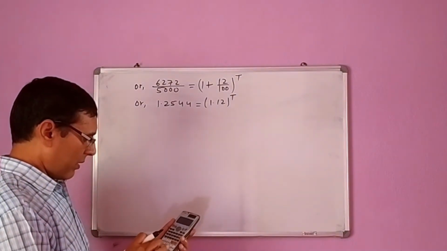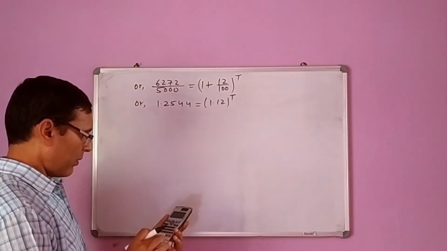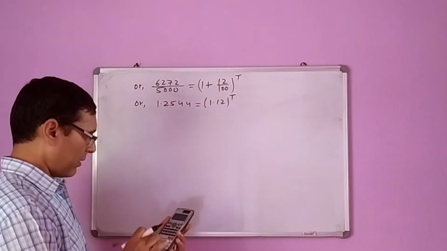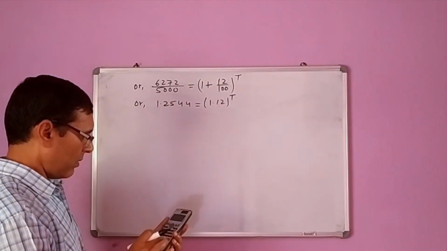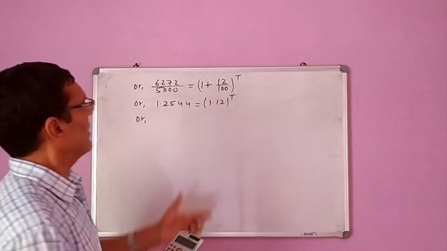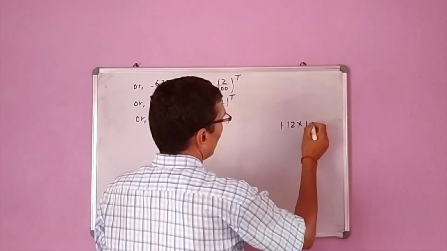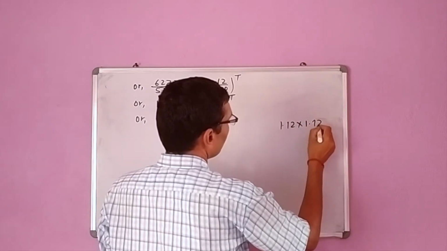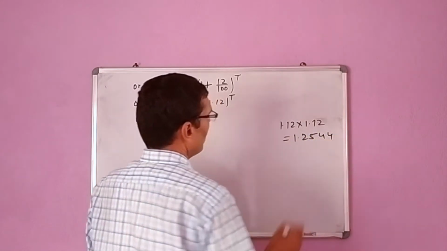So 1.12 into 1.12. Yes, so multiplying 2 times only. When you multiply 1.12 and 1.12 2 times, we will get 1.2544.